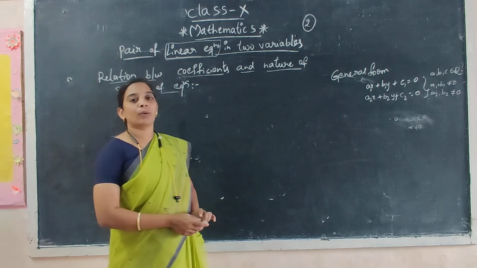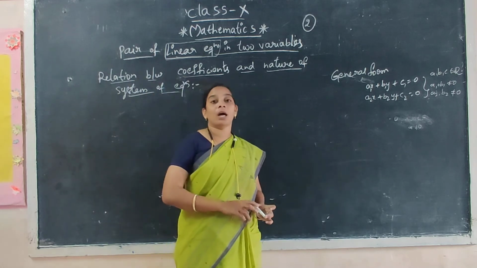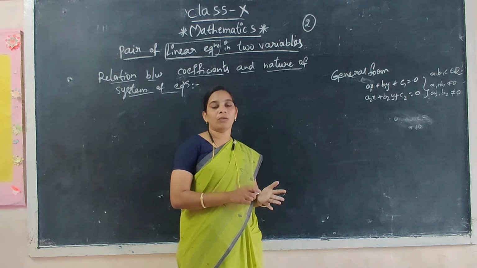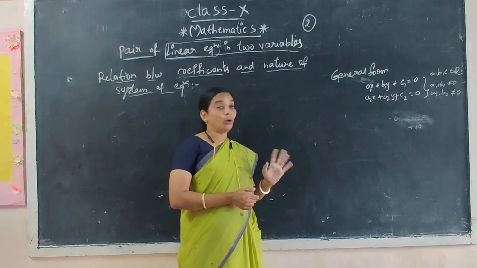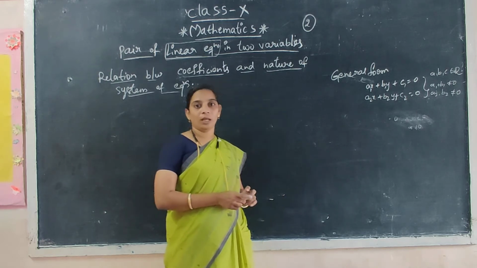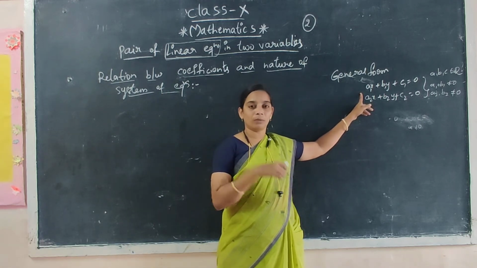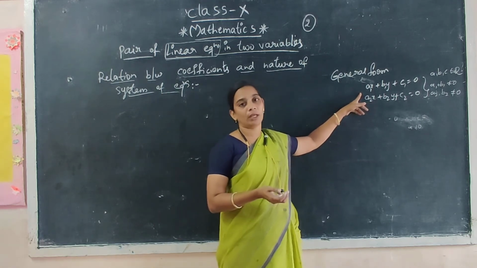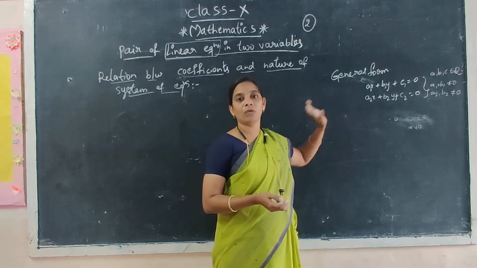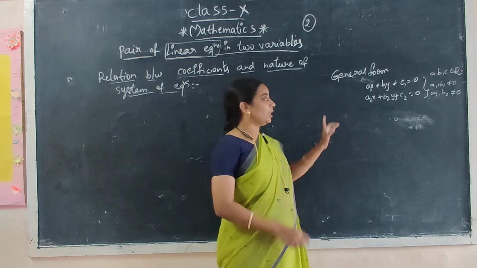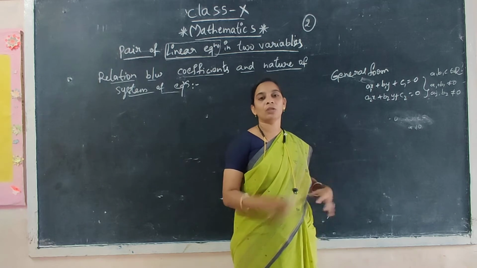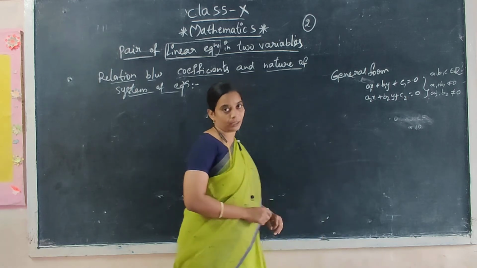Already I explained the graphical method and the algebraic method. First of all we will go through only the graphical method. Linear equation means you will get only a straight line, so with two equations you will get two straight lines.